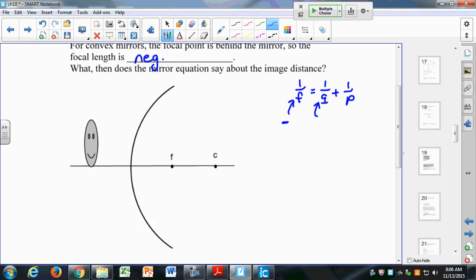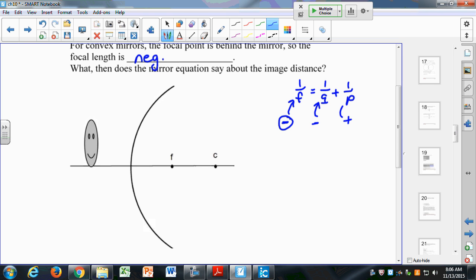It cannot be positive, because if I have a positive p, this has to be a negative value for any hope of this ever being negative. So it tells us that our image distance has to be negative. So that means that for a convex mirror, it's always going to produce what type of image? A virtual or real image. It always produces a virtual image.